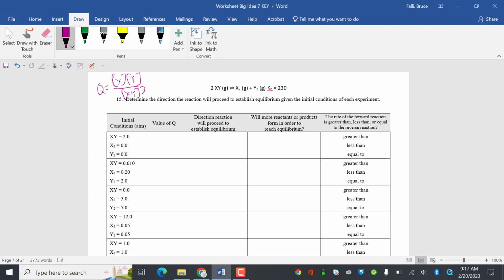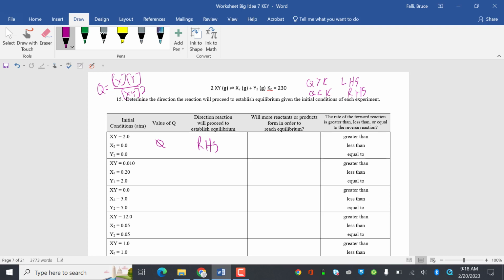I'm just going to say that if Q is bigger than K, it'll shift to the left-hand side. Q is less than K, it'll shift to the right-hand side. So value of Q is 0, so Q is less than K. Direction will proceed right-hand side.